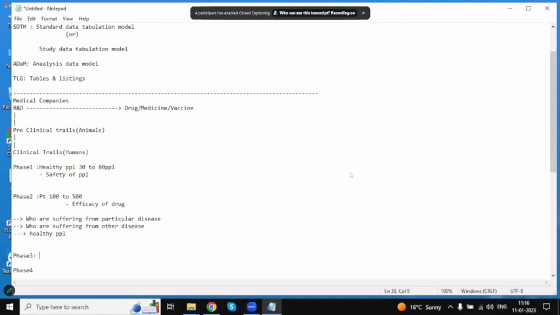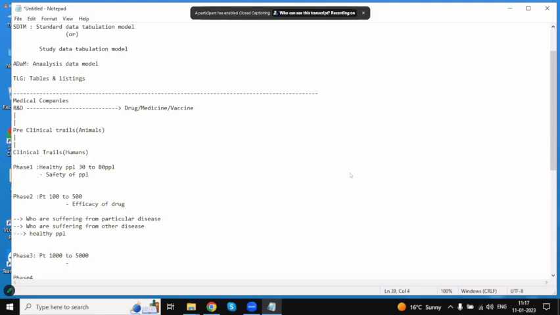Okay, in phase 3, the sample count, the patients count, will increase rapidly. They're going to test around 1,000 to 5,000 people. Same way they'll consider the patients.